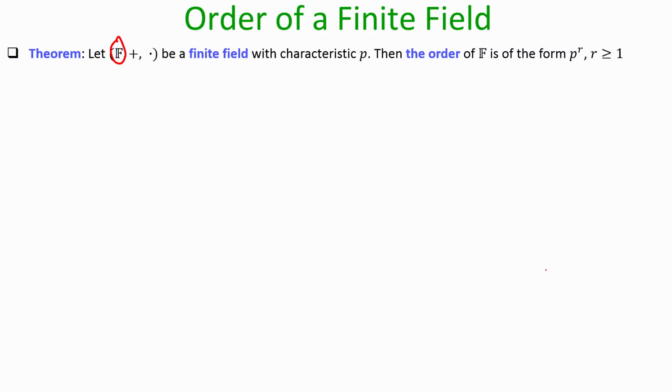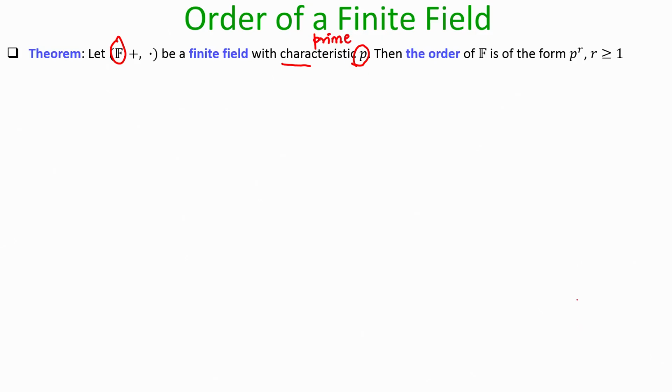So, the statement here is the following: imagine your field F is a finite field and suppose its characteristic is P. Now, as per the discussion that we had in the last lecture, we already know that this number P is a prime number.